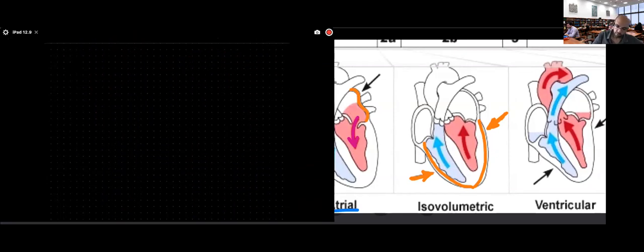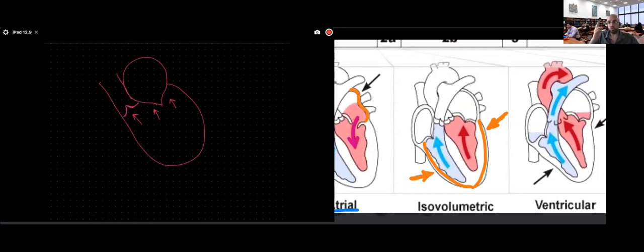So there is a point at which the blood succeeded in closing the AV valve, but it doesn't have enough pressure to open the aortic semilunar valve. So both valves are closed at this point.